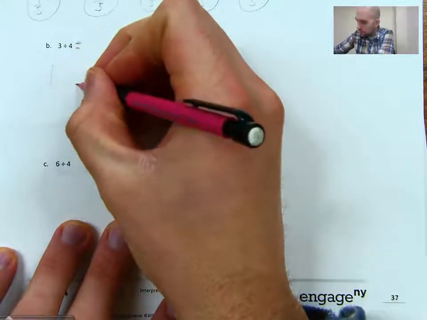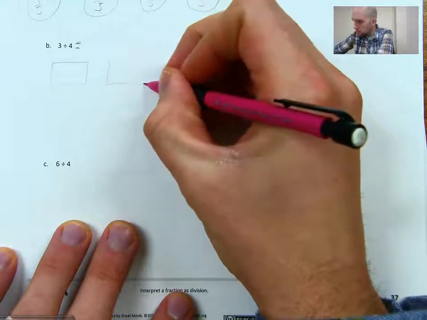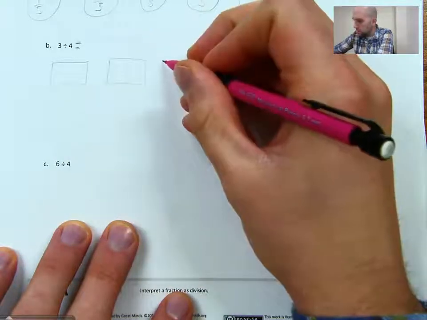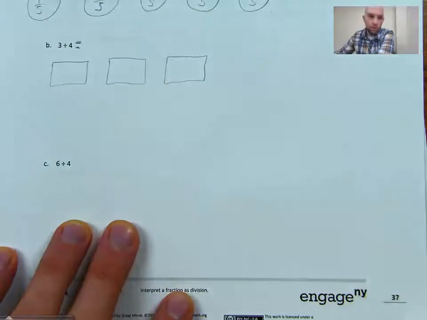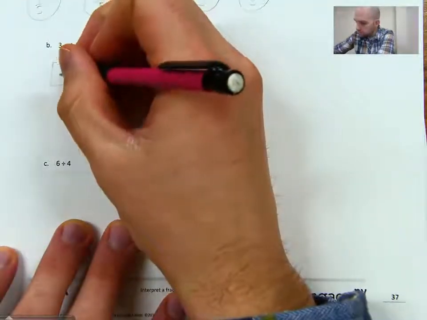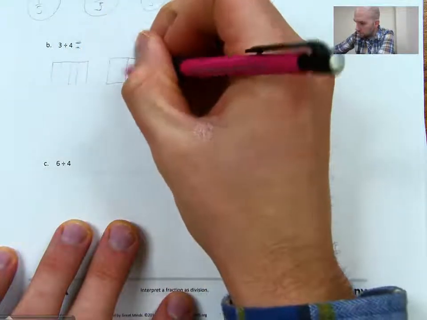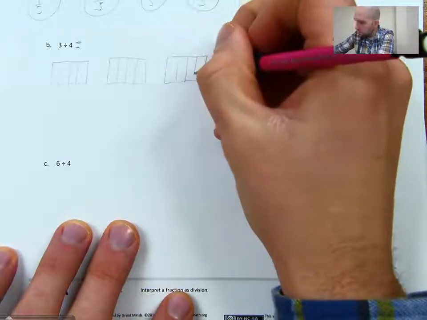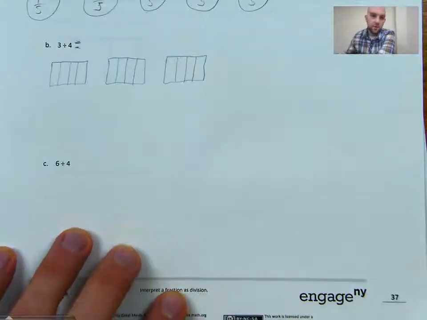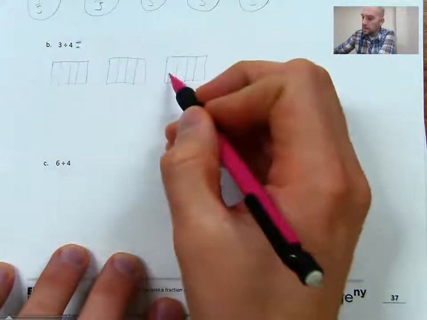So I have 1 whole here, I have 2 here, and I have 3 here. Then I need to break my wholes into fourths. So now I have my wholes broken into fourths, and if I count up my fourths, I have 1, 2, 3, 4, 5, 6, 7, 8, 9, 10, 11, 12.